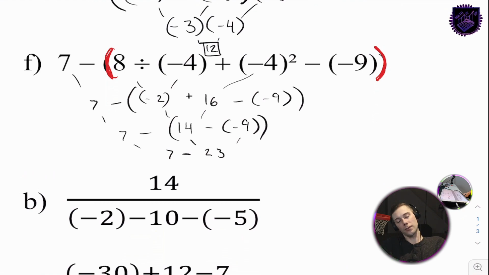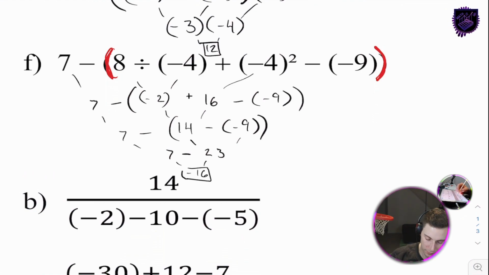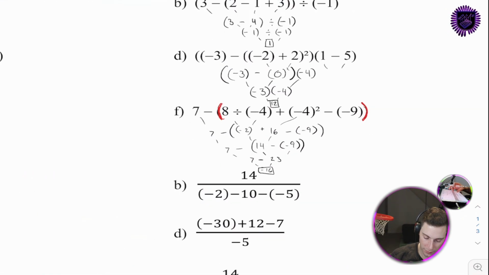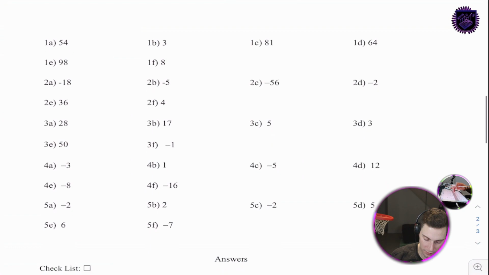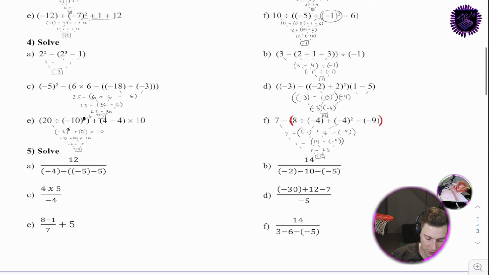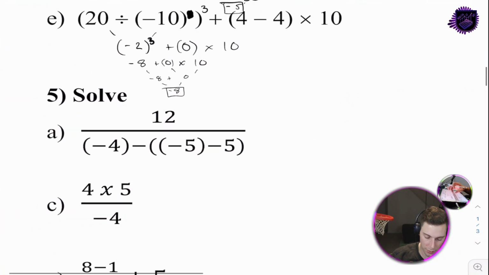Oh, the difference between 7 and 23. 16, negative 16. For F, negative 16. Yes. All right. Some new ones here.